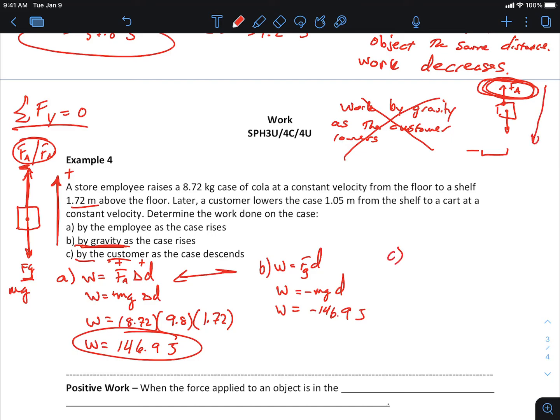So if I look at this, the work is the force applied times the displacement, right? Well, we know F_A, the applied force, is equal to mg because it's equal and opposite to the force of gravity, right? But it's acting in the positive direction. So I've got positive mg, but this time the box is coming from the shelf to the cart.